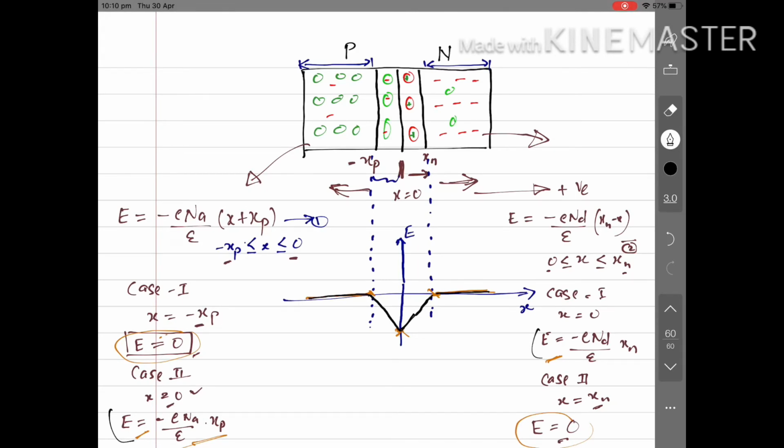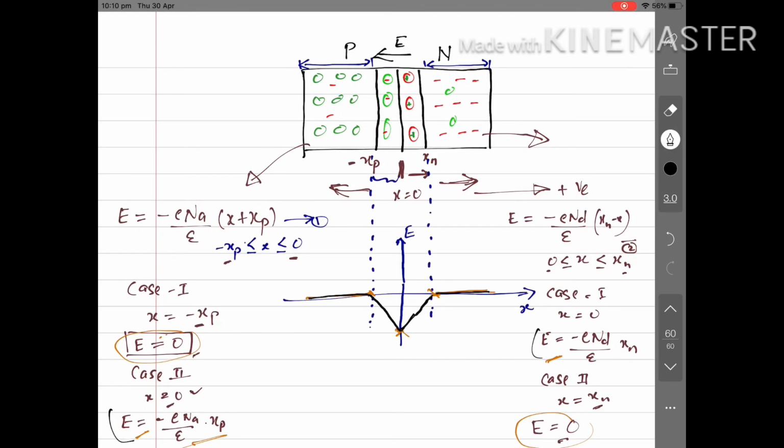Why? Because the electric field is always from the N side to the P side, going from positive to negative. So the electric field direction in a junction is from N side to P side.